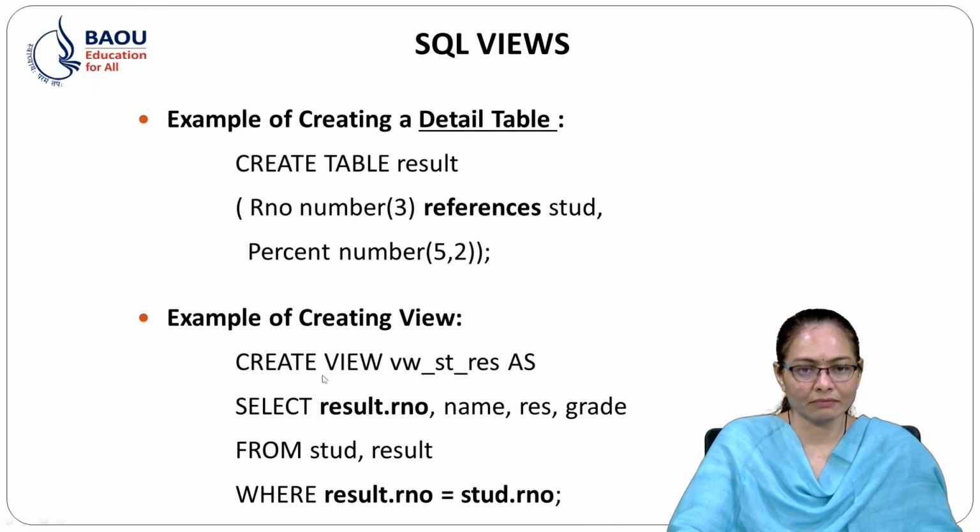Create view name as select result.roll number, which takes the roll number from the result table, then name from the student table, and result and grade from the result table, from student, result, where result.roll number is equal to student.roll number.